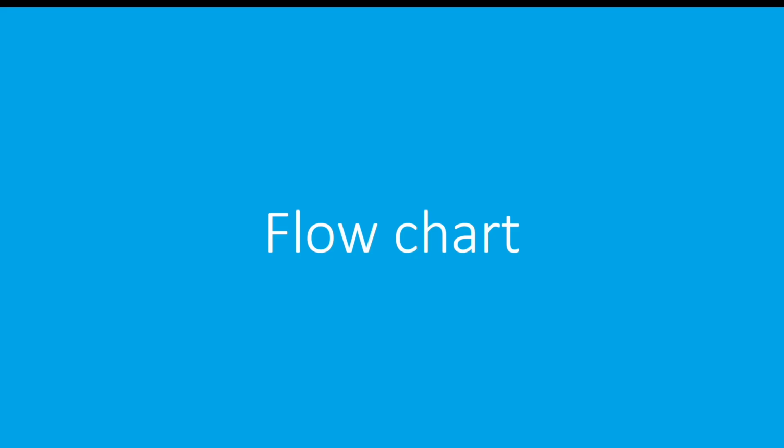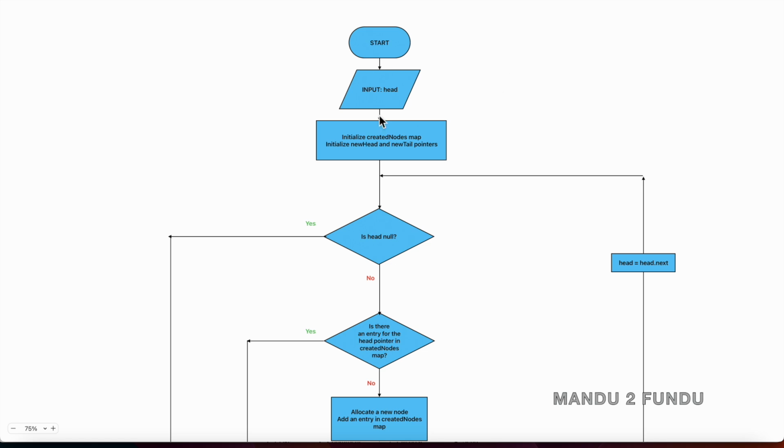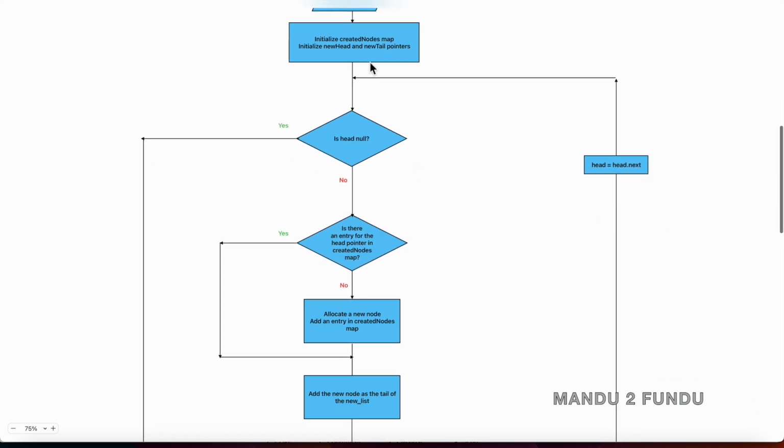Let's look at the flowchart. Input for this procedure is the head of the linked list, and first we initialize the created nodes map, and then we initialize the new head and new tail pointers. Then we start traversing the linked list. We check whether the head is null. If so, we break out of the loop.